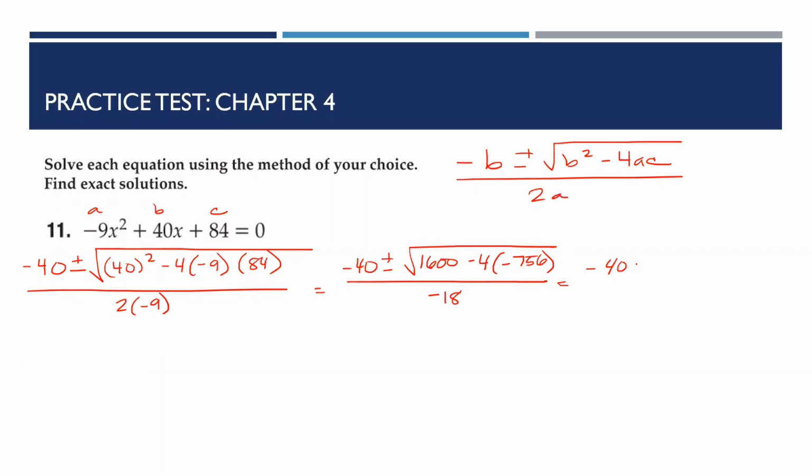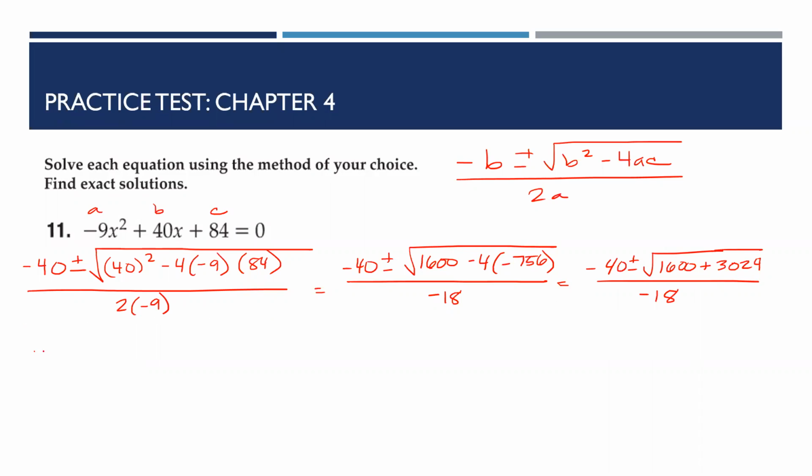And this is negative 40 plus or minus the square root of 1600 plus this here. This would be 4 times negative 756. And then after you add the opposite, it ends up being 3024. And then still divided by negative 18.